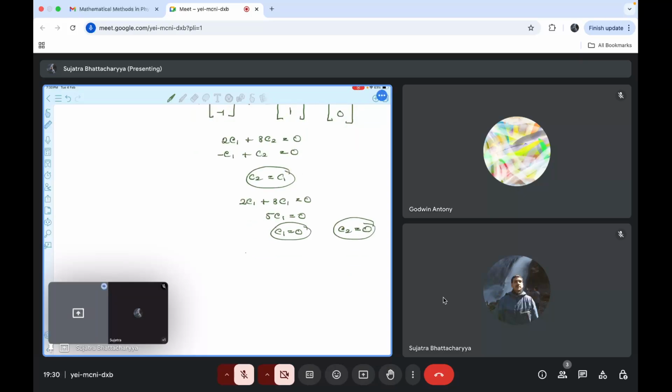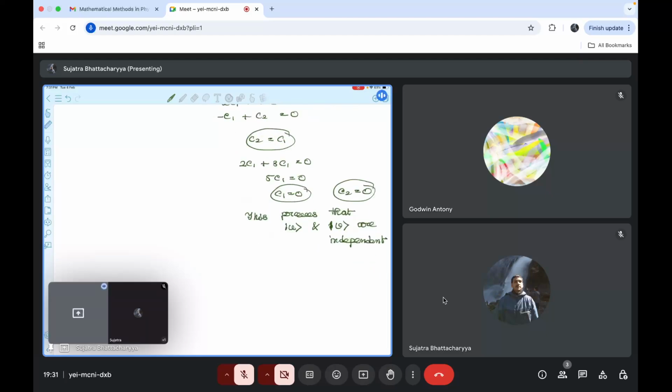This proves that u and v are independent. Fine. So this will show that u and v form a basis for R2.